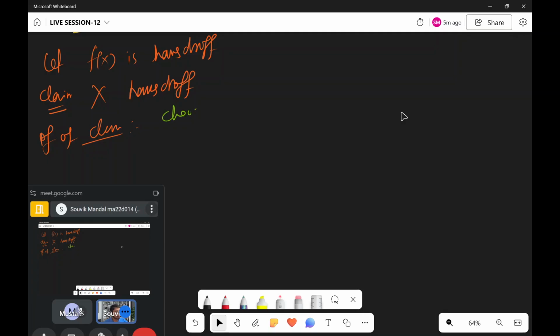Choose x0, x1 belonging to X with x0 not equal to x1. This implies f(x0) not equal to f(x1), since f is injective.